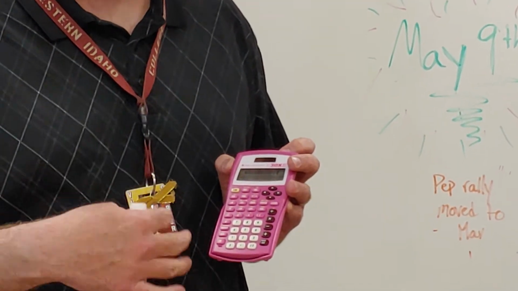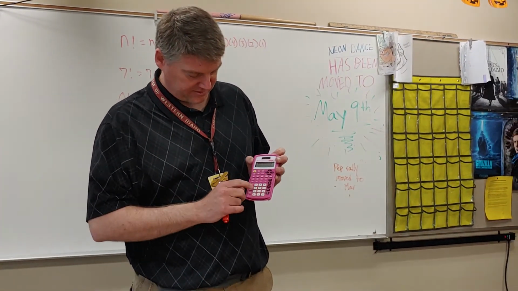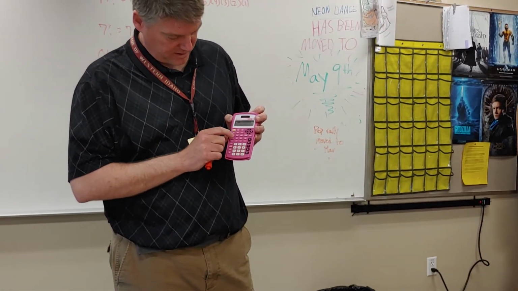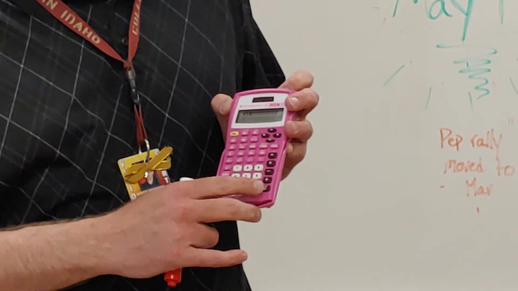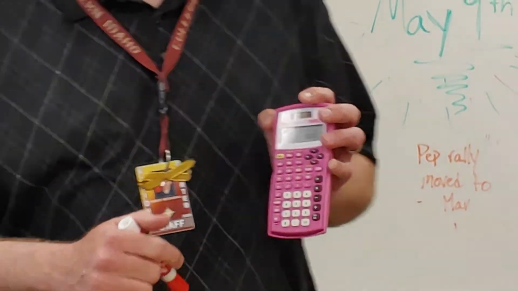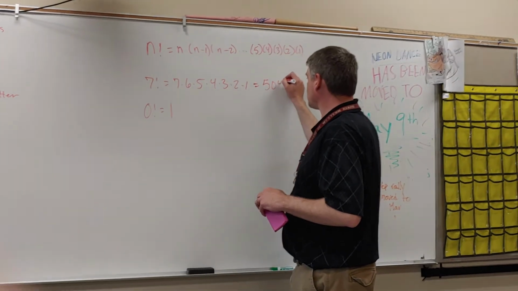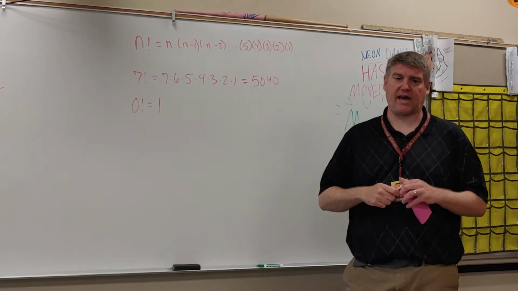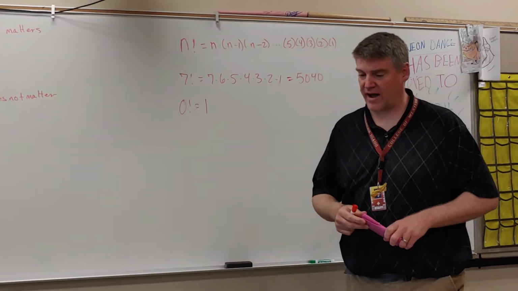The key is you have to put the number in first. So if I wanted 7 factorial, I'd go 7, PRB, which stands for probability, hit the factorial, then hit enter, and I would get 5,040. We need to make sure we understand how to work factorials.